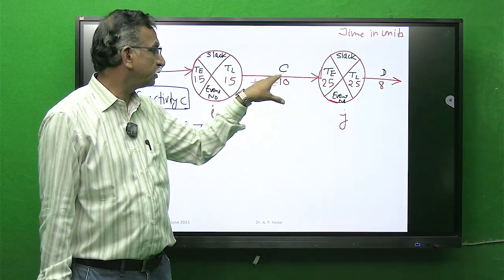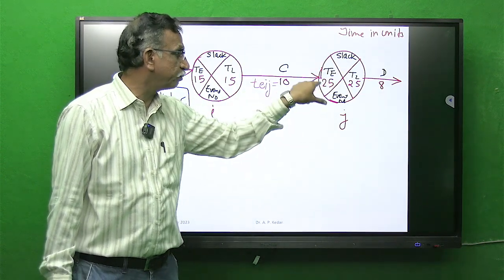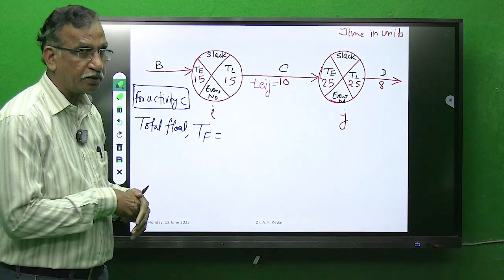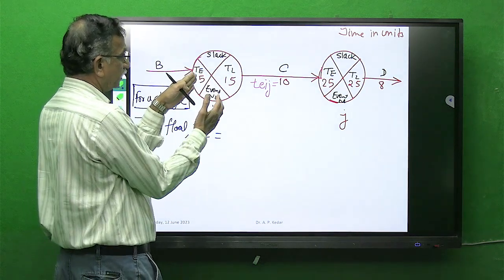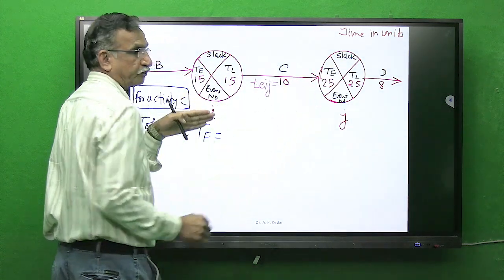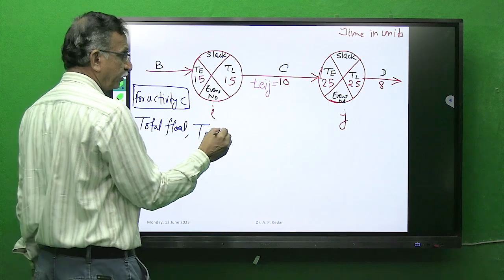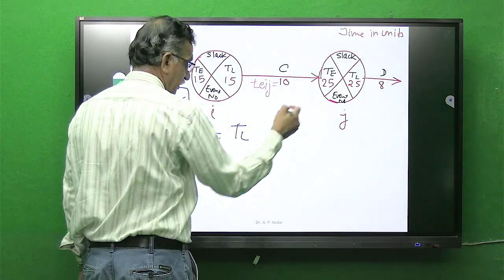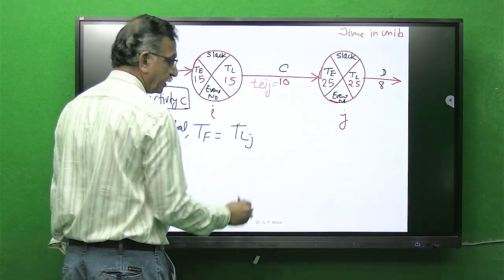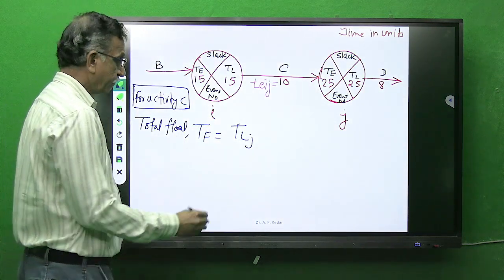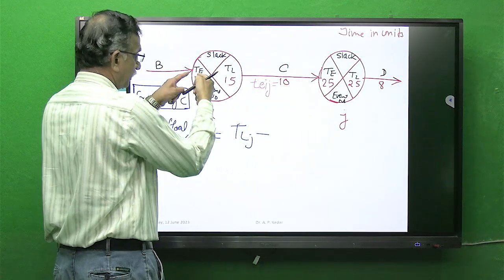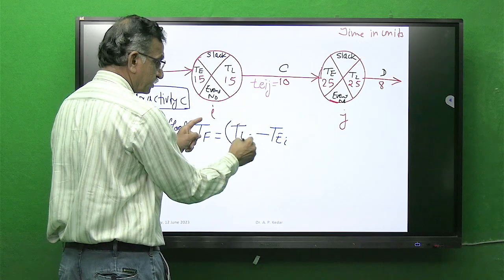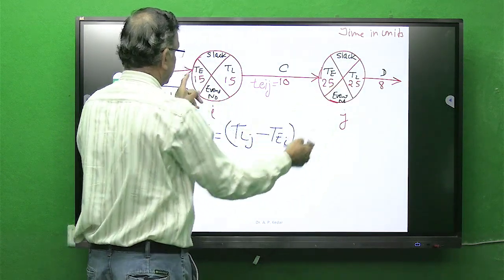This event is completed when activity C is completed, that we have seen. So you have the gap from earliest start to latest finish. The gap is TL of J minus TE of I.